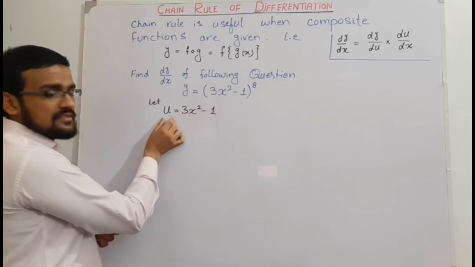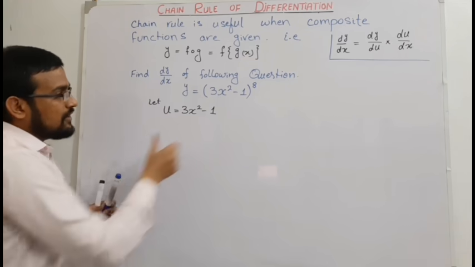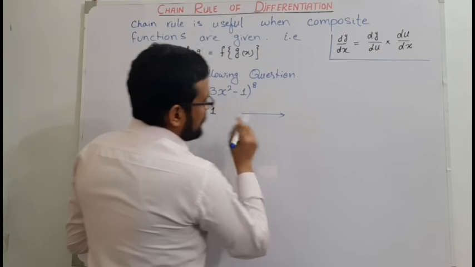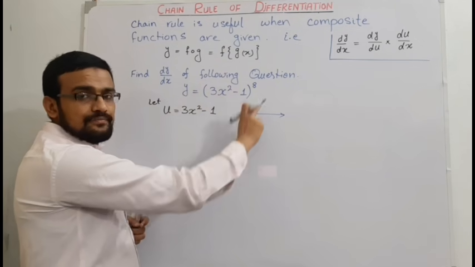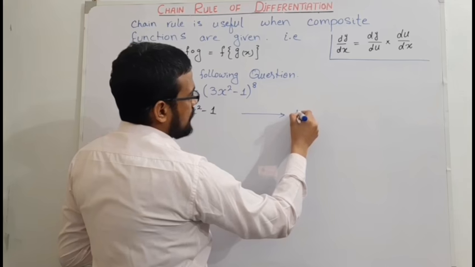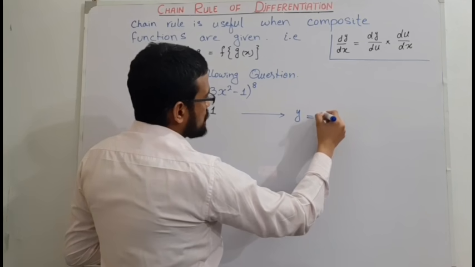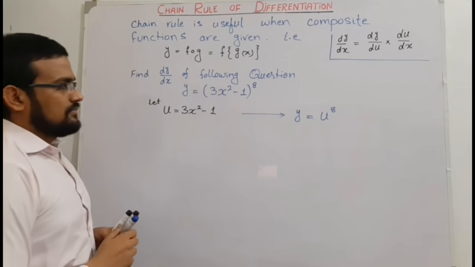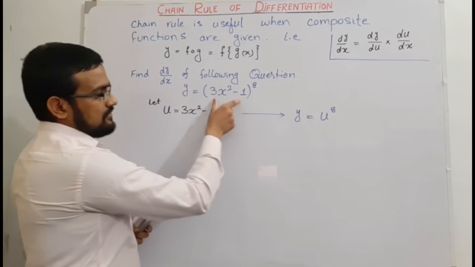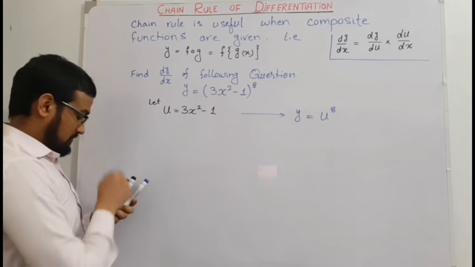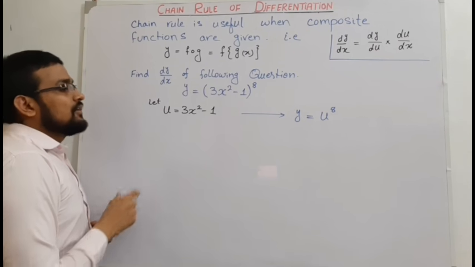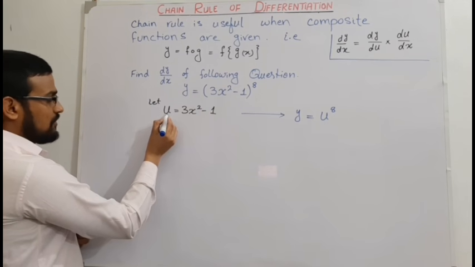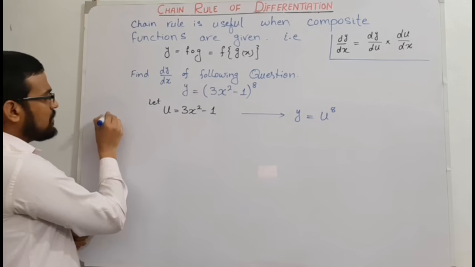If you let it be u, then this function becomes, it means y is u raised to power 8. Next, now in this question you see u is the dependent variable.